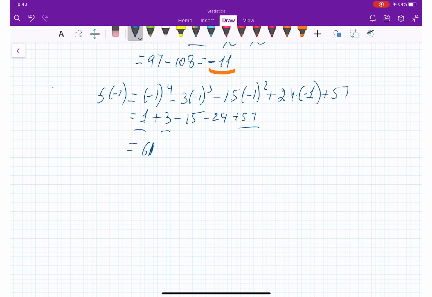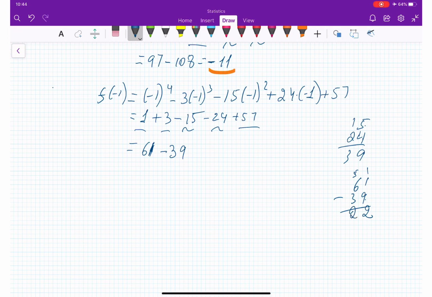And then minus, so negative 15, negative 24. Both of them are negative, so I'm adding, but the sign is going to be negative. 5 plus 4 is 9, 1 plus 2 is 3, so minus 39. So 61 minus 39: 11 minus 9 is 2. Here 5 is left, 5 minus 3 is 2.